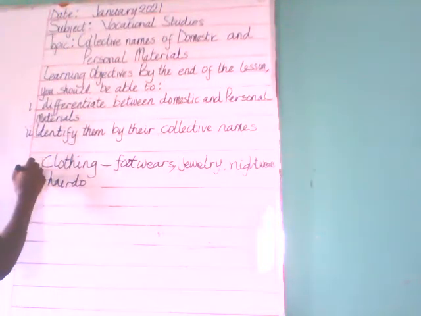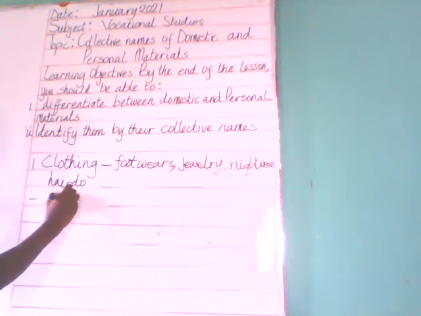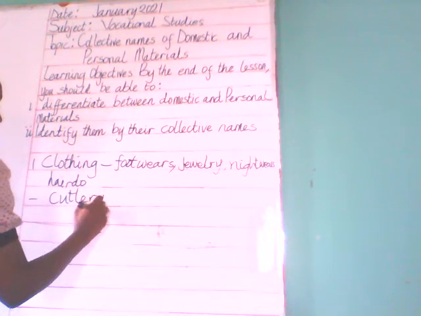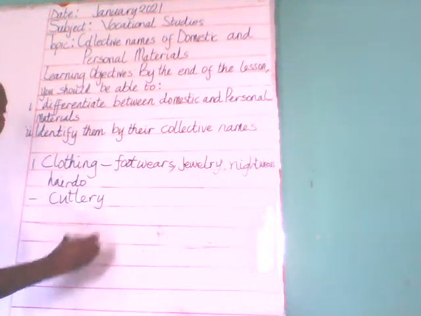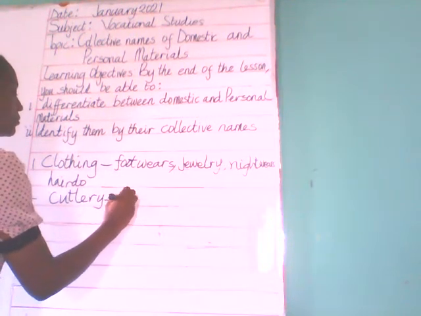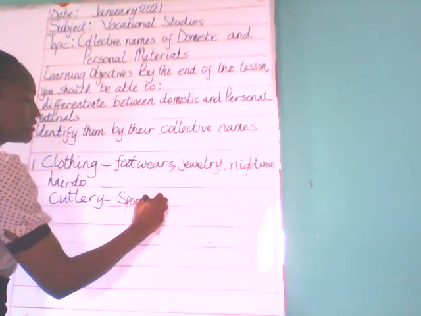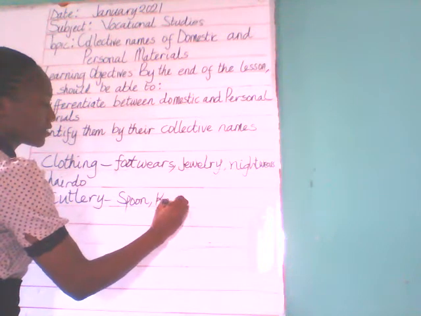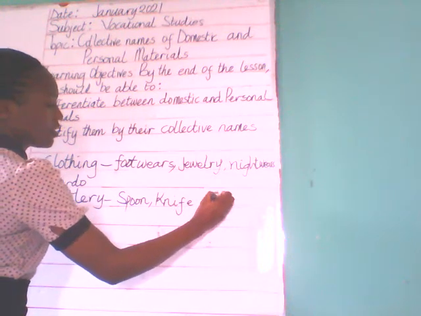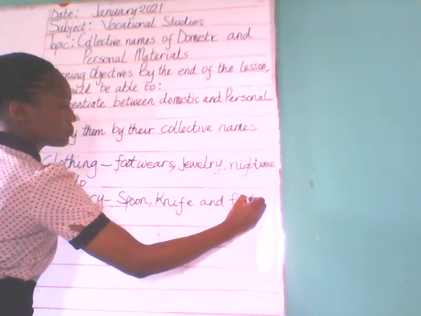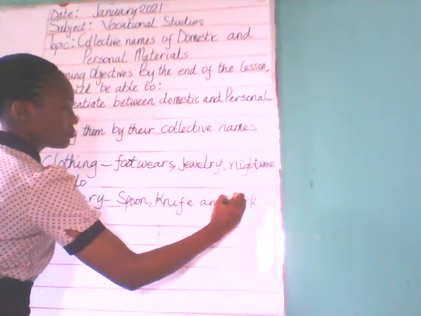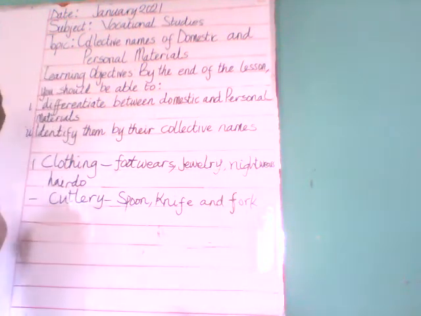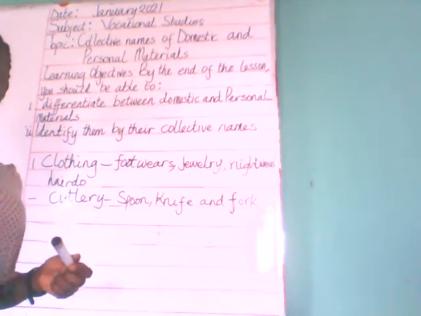Then we go over to the next collective name. Another one is cutlery. Cutlery includes spoon, knife, and the fork. The spoon is this.